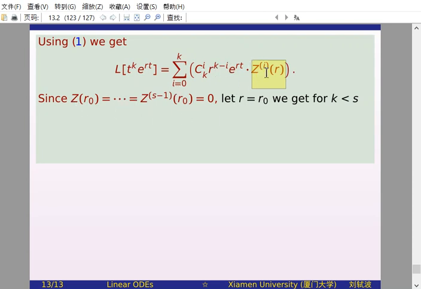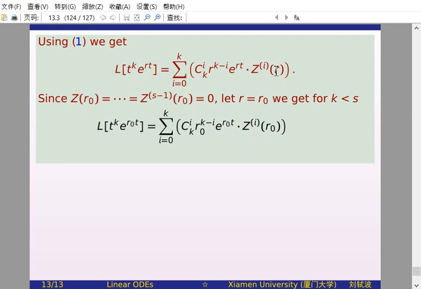So for every term, for i equal 0, 1, 2, up to k, the i-th order derivative of Z at r0 is 0. So the right hand side is 0. So we conclude that L(t^k e^{r0 t}) is 0.